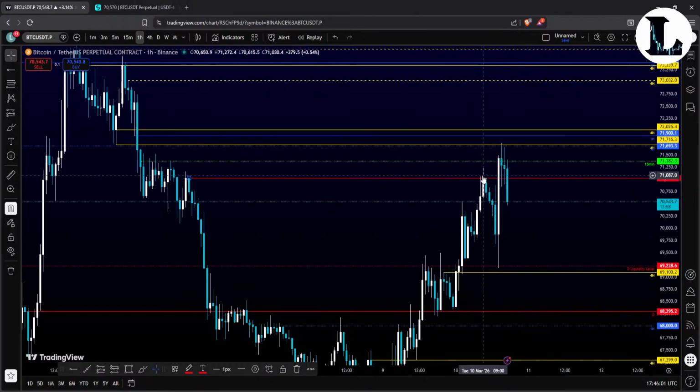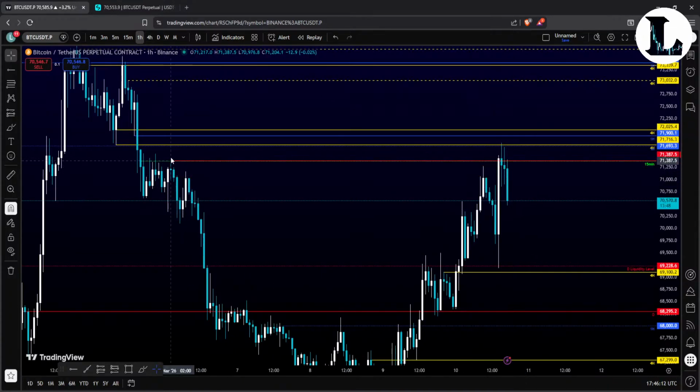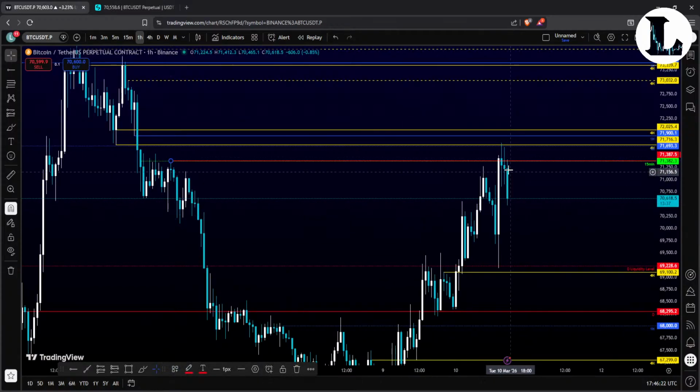We have one test here, the second test here, but we did not open yet a blue candle below that line. This 1 hour here might become one big liquidity level, but this just counts as one test.